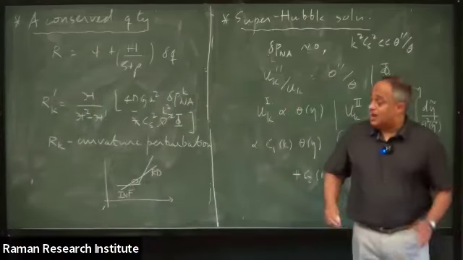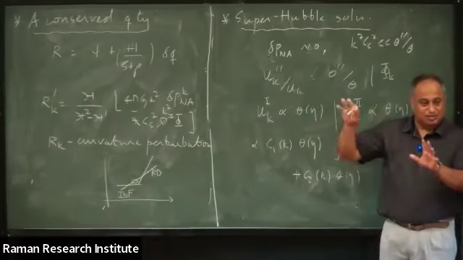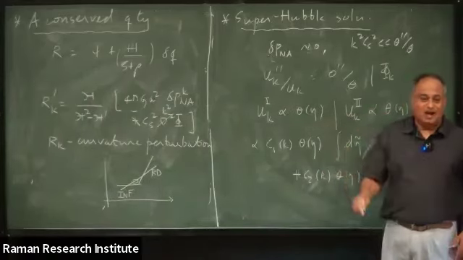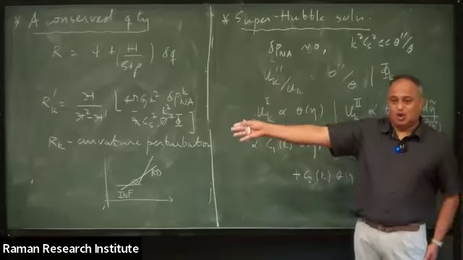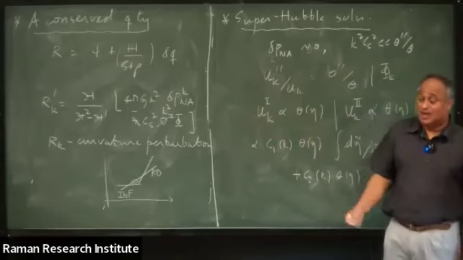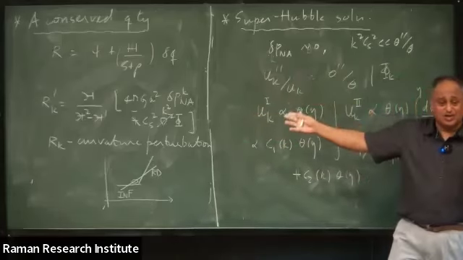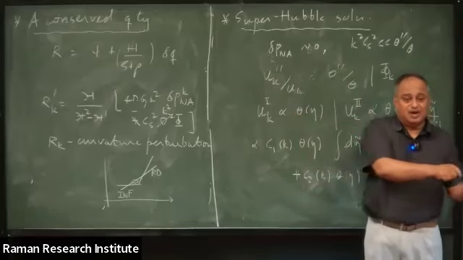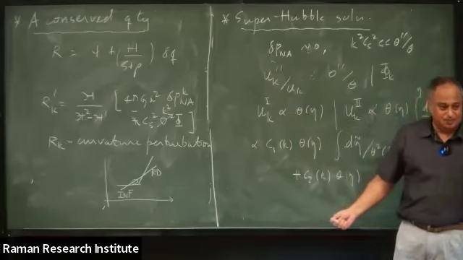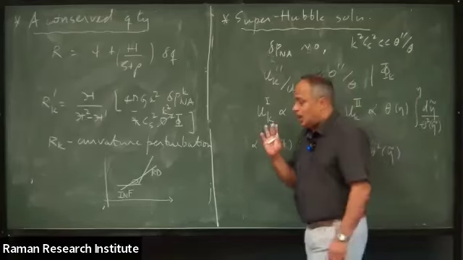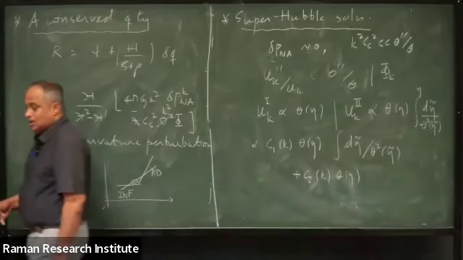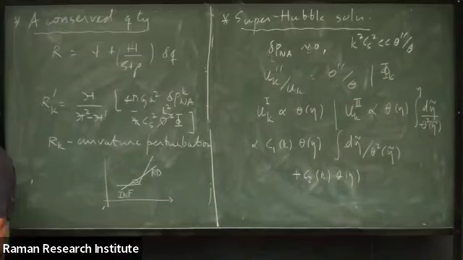And the Bardeen potential is also constant on super Hubble scales, so you can relate them. And if the late time cosmologists want the Bardeen potential, you can provide that as well. You can use conservation of curvature perturbation to relate the Bardeen potential at early and late times. So our goal now is, we have seen how the scalar perturbations evolve.